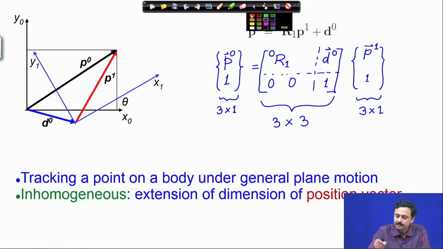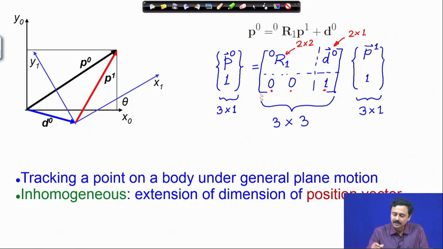Remember that this R is 2 cross 2, d 0 vector is 2 cross 1. Here I have added 2 zeros and a 1, and I have made this whole matrix 3 cross 3.